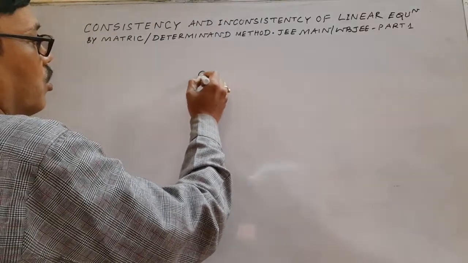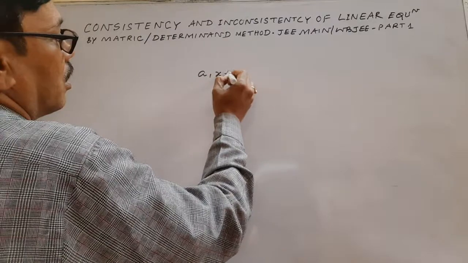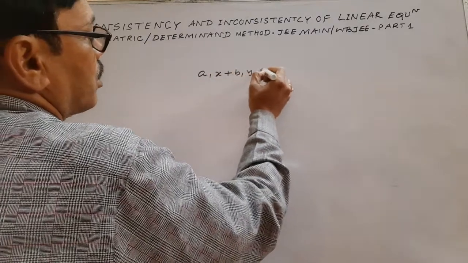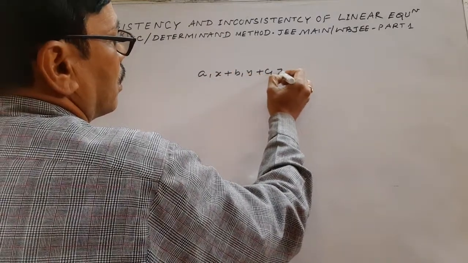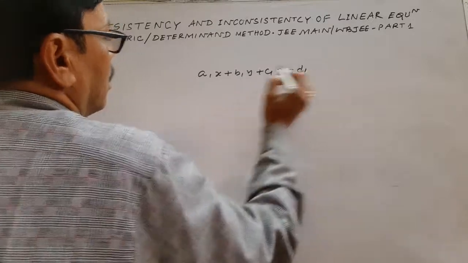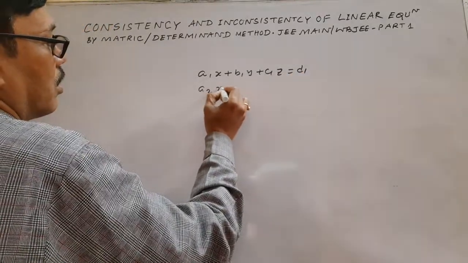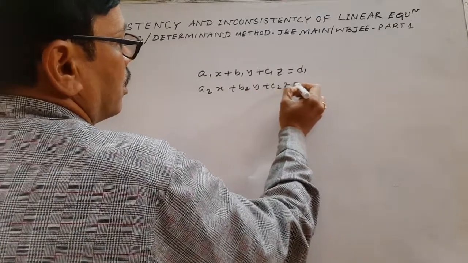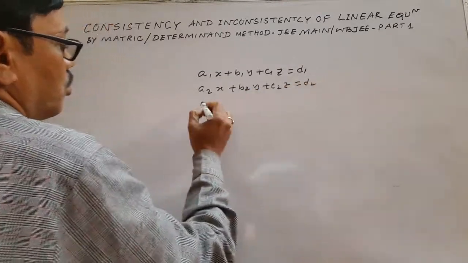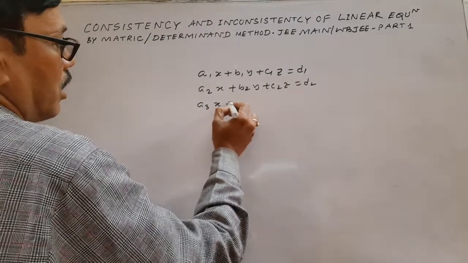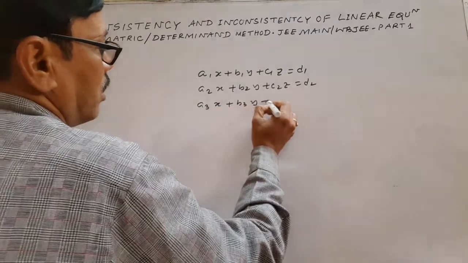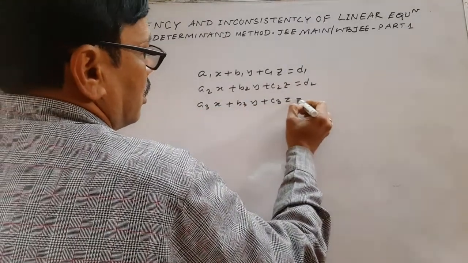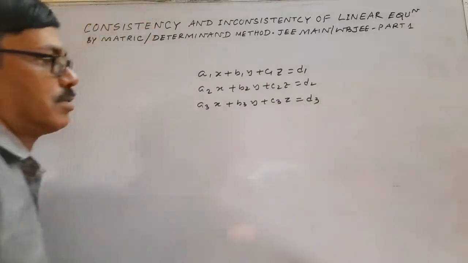So let us consider the equations a1x, b1y, c1z equals d1, a2x, b2y, c2z equals d2, and a3x, b3y, c3z equals d3.